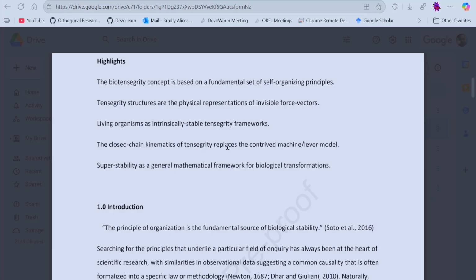And then, of course, the machine lever model is a classic model of mechanics. Go back to the simple machines that you learned about in elementary school, different machines that do work. One of them is the lever, where you pull on a lever and it lifts something up.